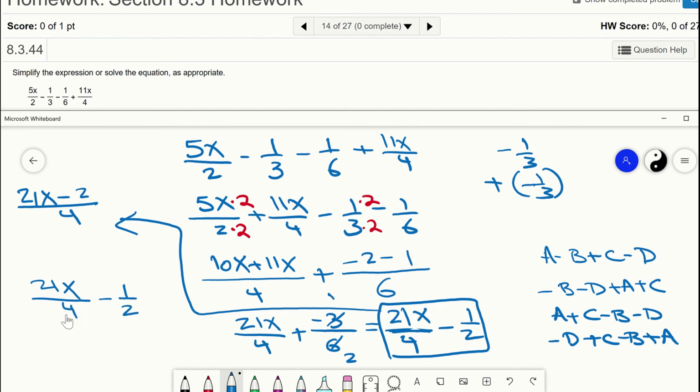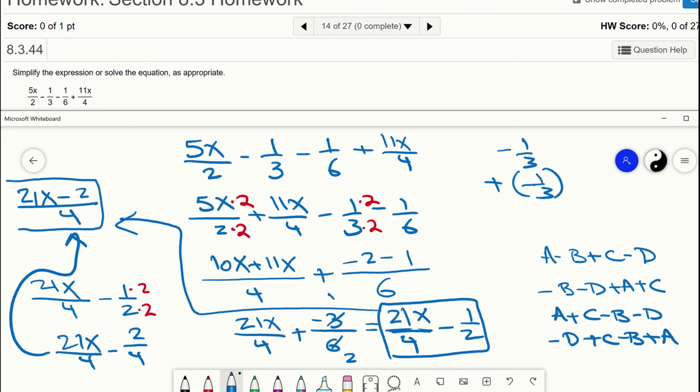Notice the LCD is 4, so you can multiply this by 2 and that by 2, and then you'll end up with 21x over 4 minus 2 over 4. And of course, because both of those denominators are the same now, you can just write them once and combine the numerators, right? So you may see the answer in that form as well. But for our purposes, you can just type that in, okay? And that's how you would simplify this expression.